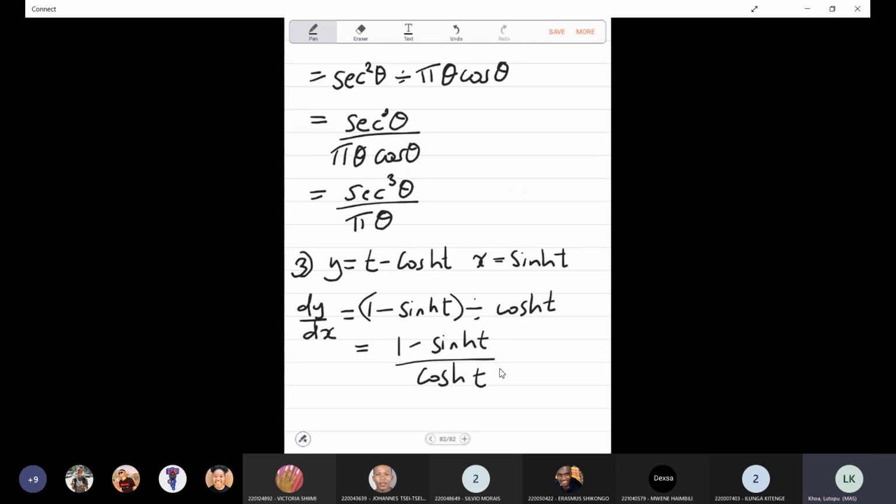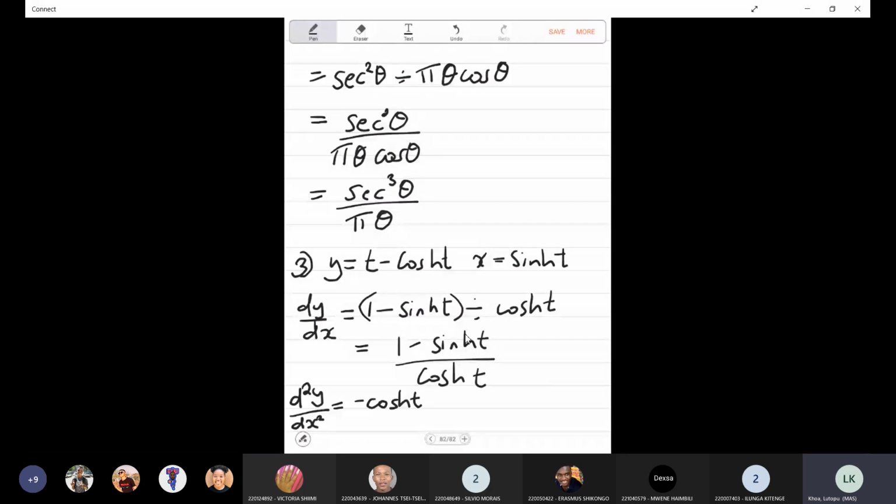And then we can work out the second derivative in the same way. We will differentiate this function with respect to t and then divide by the derivative of x with respect to t. So for the second derivative, here we have to use the quotient rule, and the derivative of the numerator, which is minus hyperbolic cos, yeah.